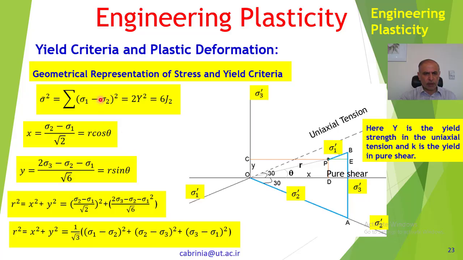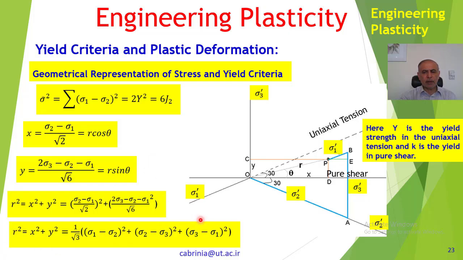This relationship is very similar to this relationship. Okay, r squared equal to 1 over root 3 times (sigma 1 minus sigma 2) squared, (sigma 2 minus sigma 3) squared, (sigma 3 minus sigma 1) squared.